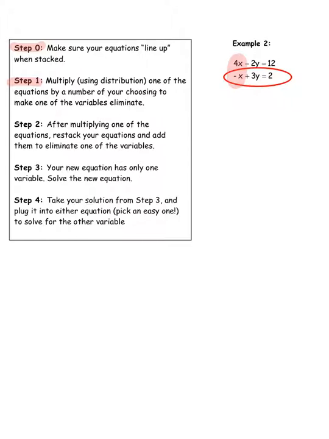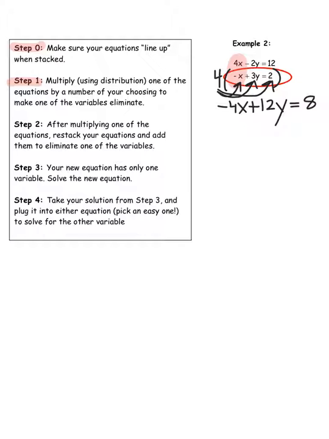I'm going to eliminate the x's because this bottom equation, I'm going to put it in parentheses, and I'm going to multiply it by 4. And if I distribute, I'll get negative 4x plus 12y, and then I also have to distribute over here, equals 8. I've multiplied that entire equation by 4.